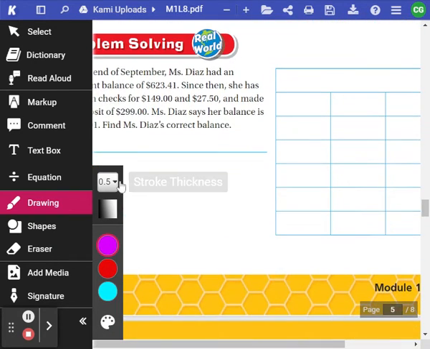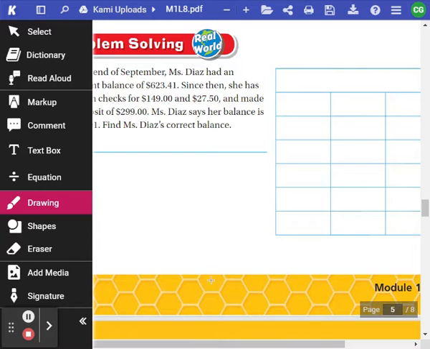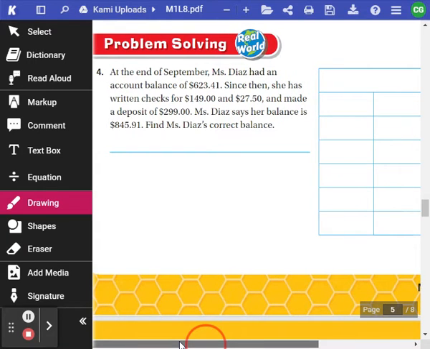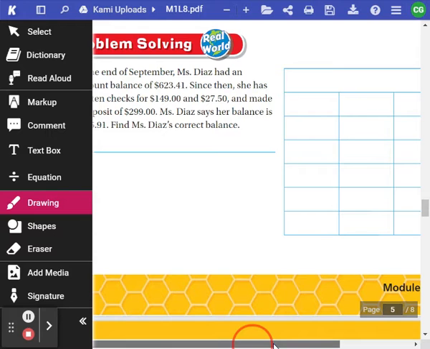All right, on this one right here, we did most of it in class, and all you had to do was finish it out. So here at the end of September, Ms. Diaz had an account balance of $623.41.